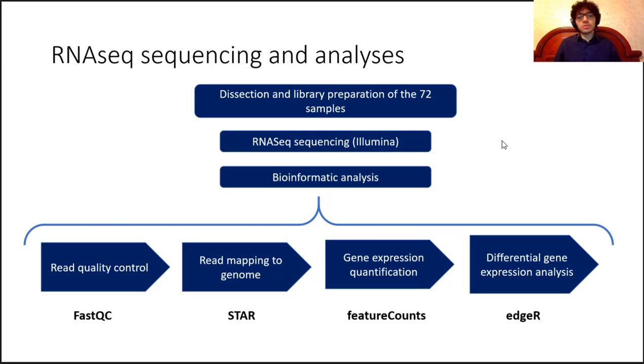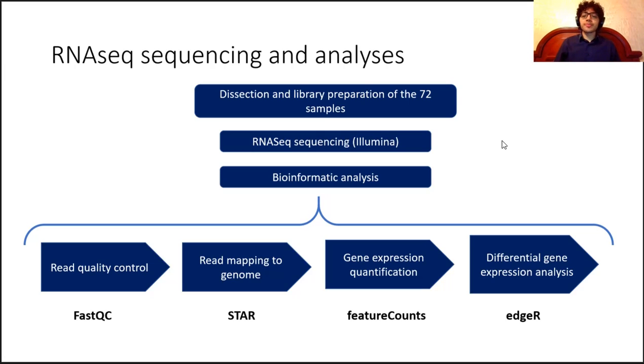Then, once we got the data, we used the following bioinformatic pipeline, where we started by refining the quality of the reads coming from the sequencing center. Then we mapped these reads onto the genome to find out from which genes each read came.